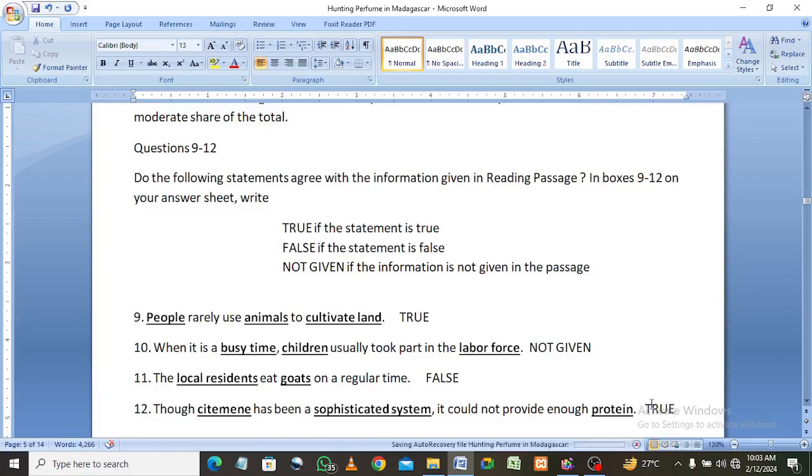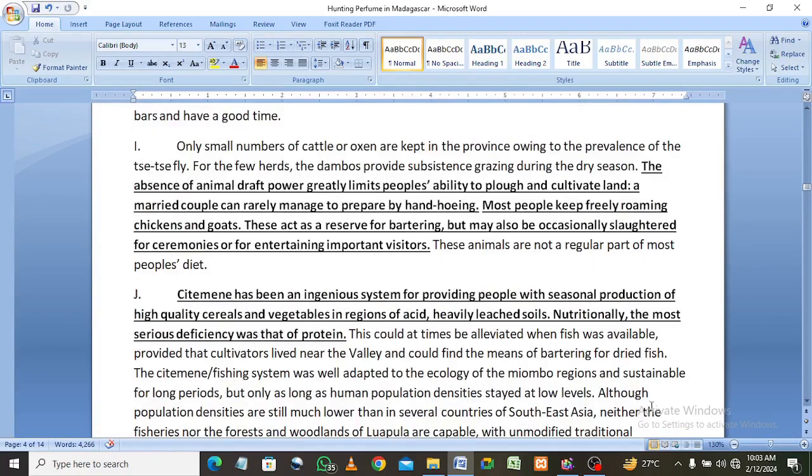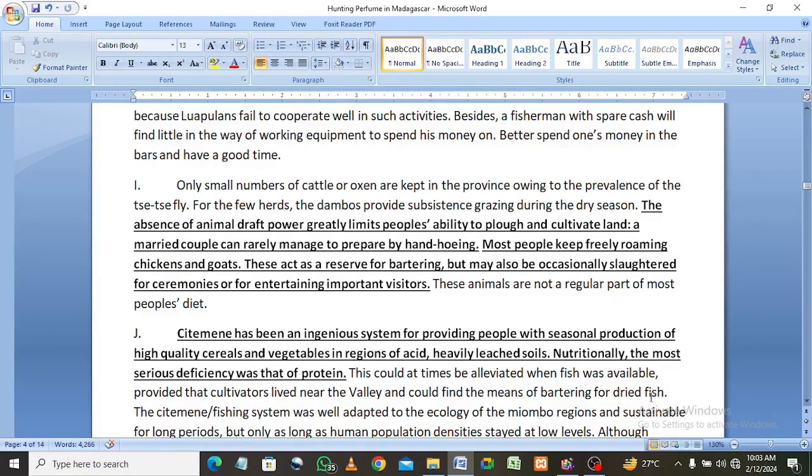So can you see the way the whole question was so easy for us to solve using our scanning keyword and our target keyword? In true, false, not given, you must know your target keyword, you must know your scanning keyword. Because once you know your target keyword, it will become very easy for you to get the right answer.